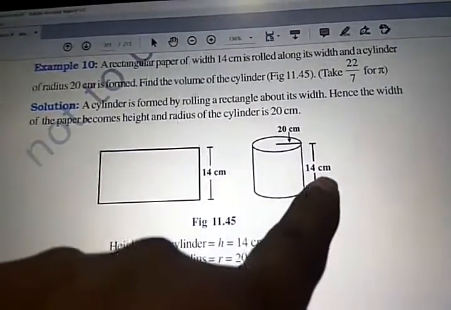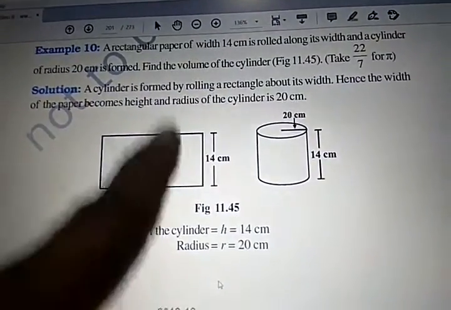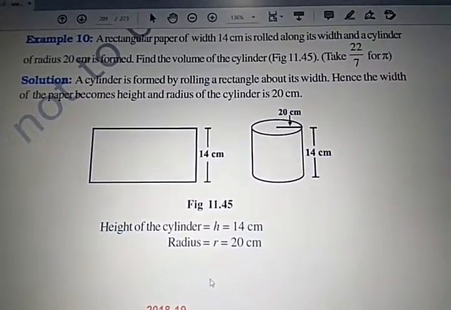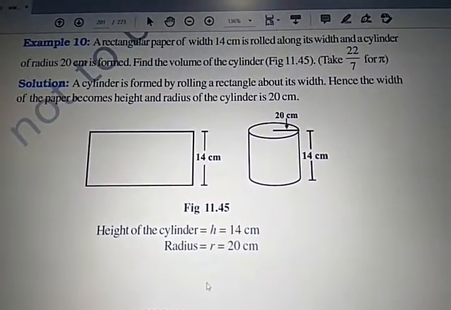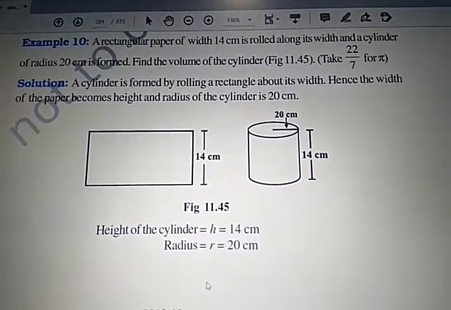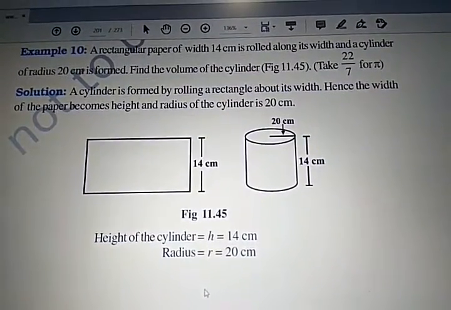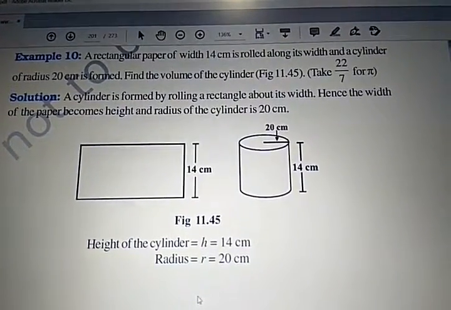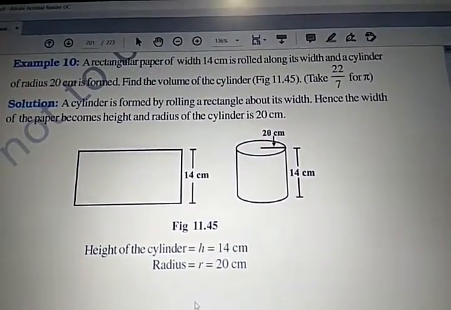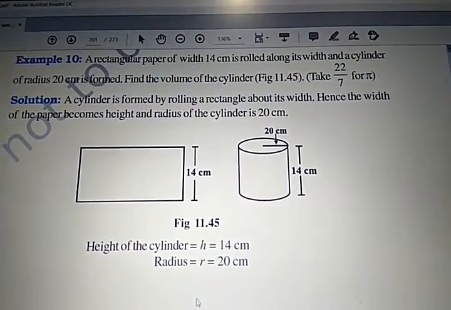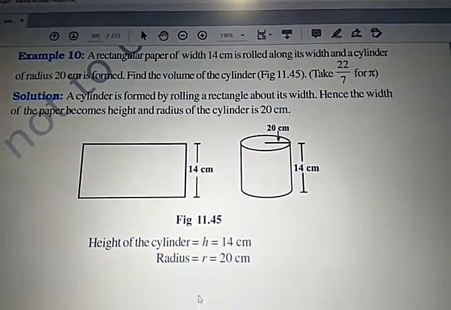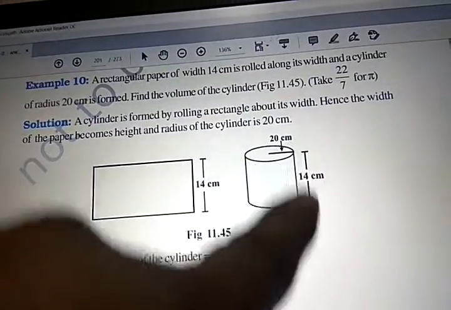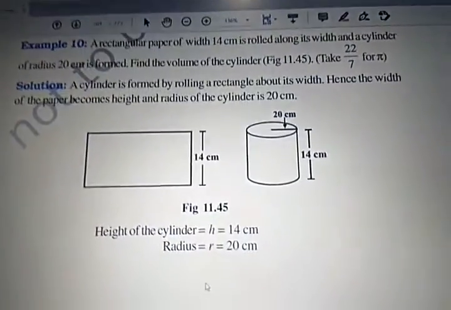When you fold it, the length becomes the circumference, and the radius has been given, 20 centimeter. So a cylinder is formed by rolling a rectangle about its width. Hence the width of the paper becomes the height, right? This width becomes the height. The radius is already given.